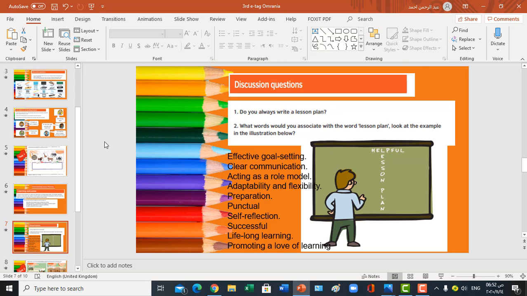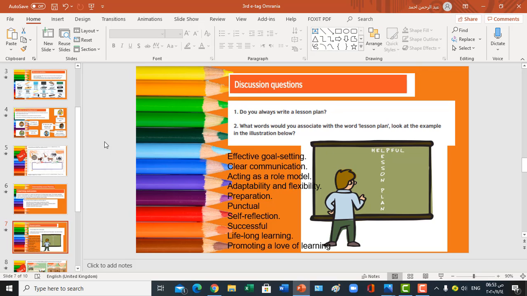Here is a small discussion: do you always write a lesson plan? All of you said that we are obliged to do so, and in the chat box, all of you said yes. Number 2, what words would you associate with the word lesson plan? Look at the examples and the illustration below. Here are some characteristics or features of the teacher related to the word lesson plan.